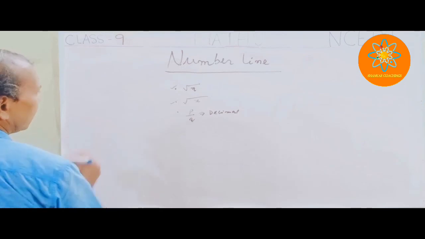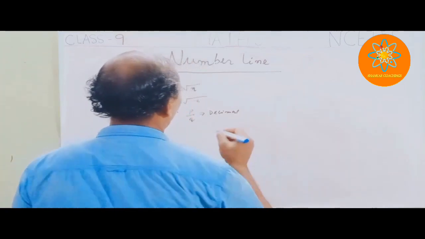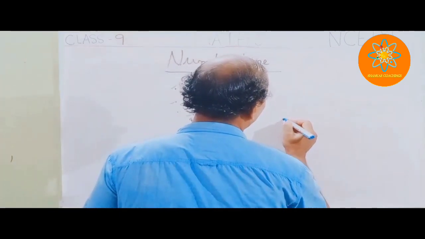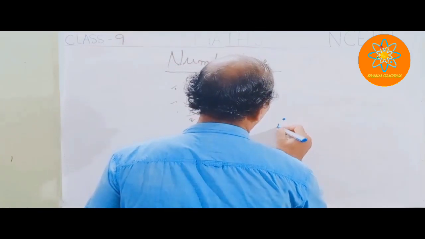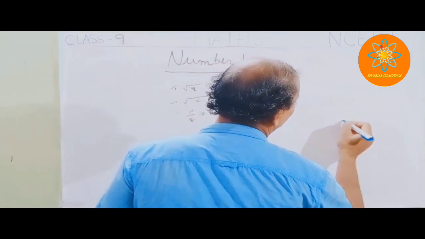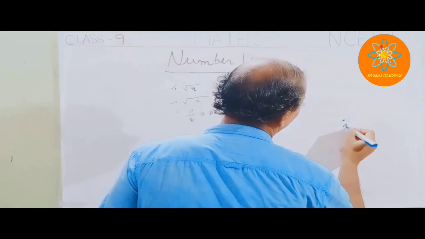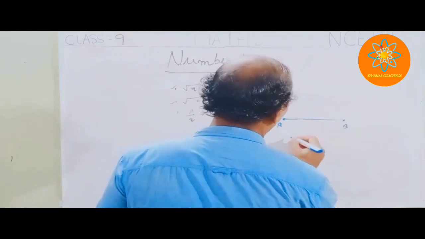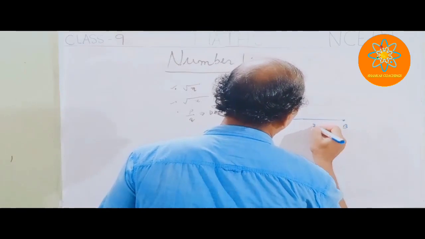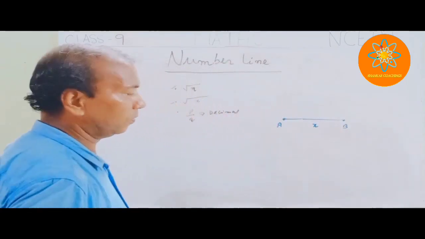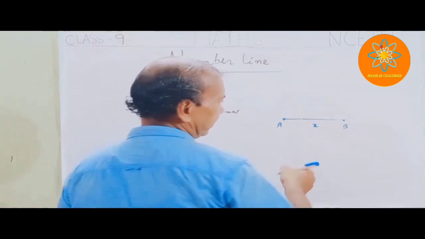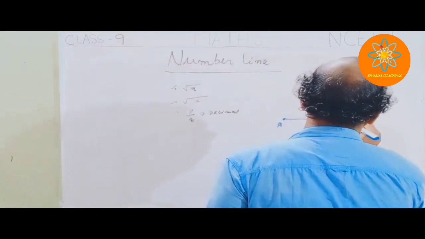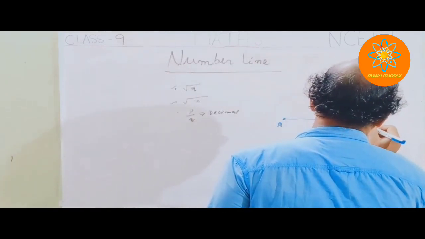In the first step, I will draw AB, where A is here and B is here, and the value of AB is x. Now I will extend this one unit more, and let's suppose this point is C.